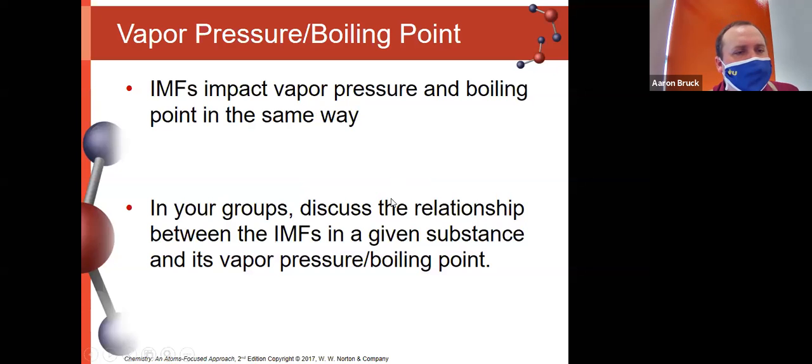Now, our relationship between intermolecular forces and vapor pressure and boiling point are all the same. So let's think about what this relationship is. Give me some ideas. All right, Ben, you got something?